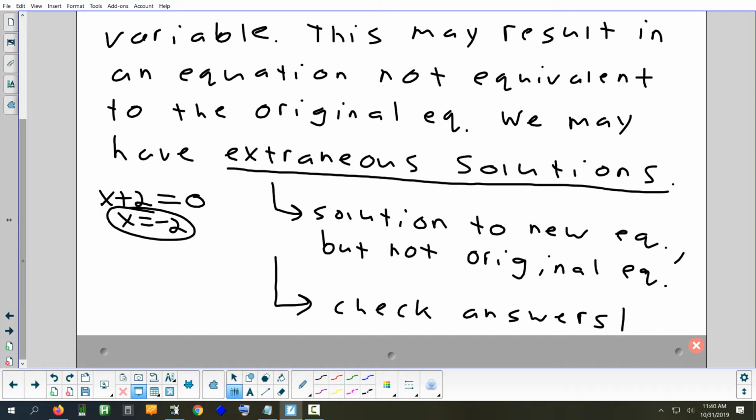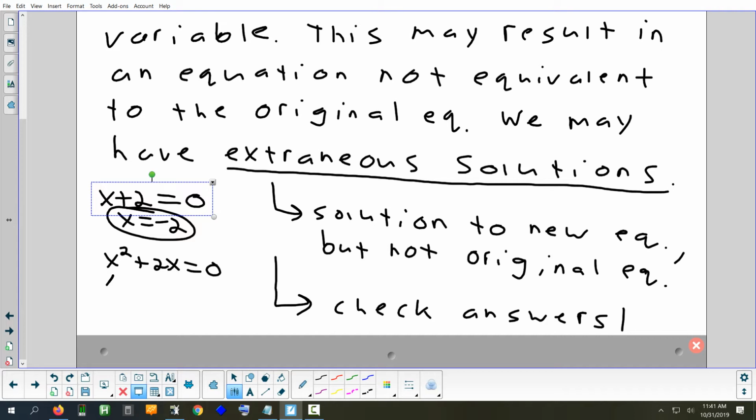Watch what happens. x squared plus 2x equals 0 times x, which is still 0. Does everyone agree that I correctly multiplied each term by x? So I did the same thing on both sides. You're always taught if you do the same thing on both sides of an equation, it's okay.